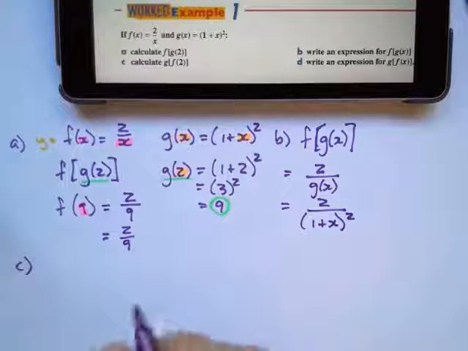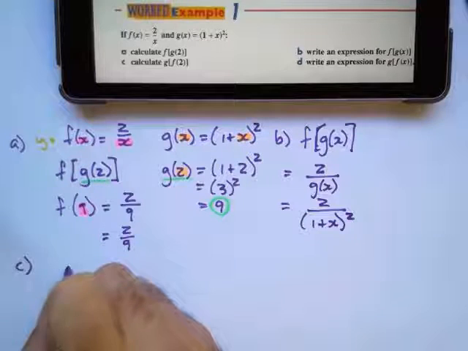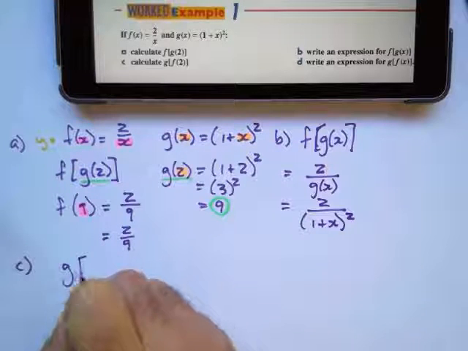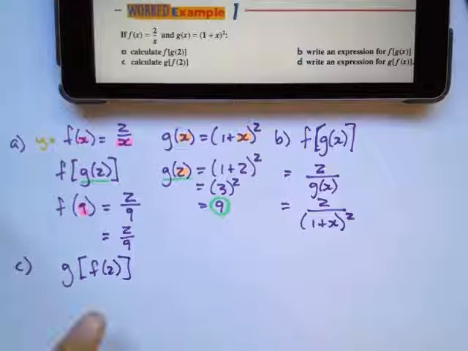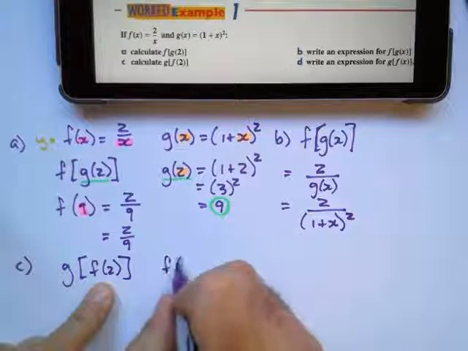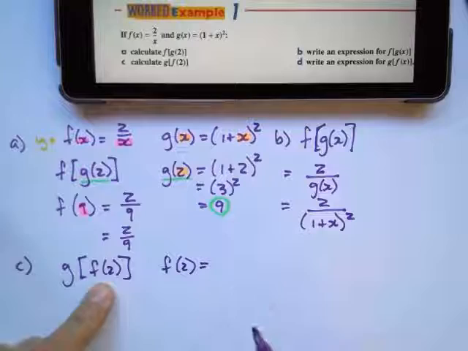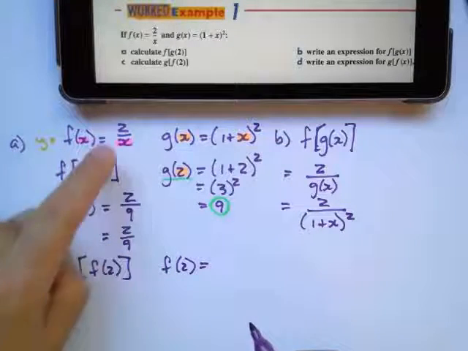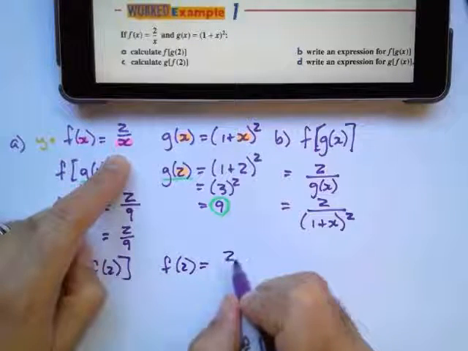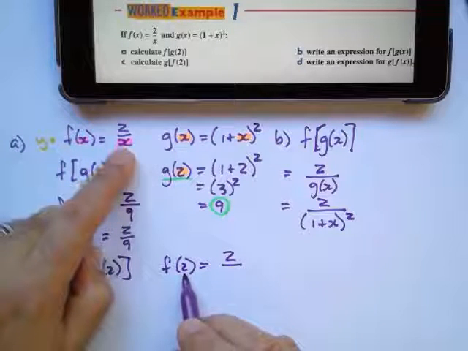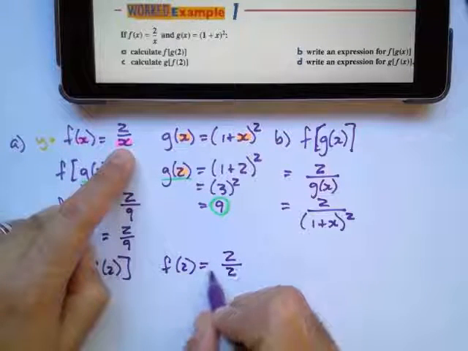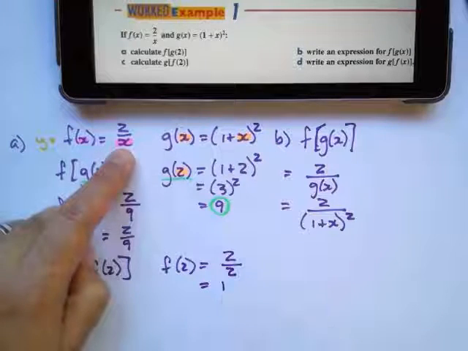Question C. Just going to swap the order around now. They say g of f(2). So first thing I want to do is find what is f at 2, which means in my equation 2 over x, wherever there was an x, I'm going to have a 2 in its place. So instead of x, I'm now going to have a 2, and 2 divided by 2 is 1.